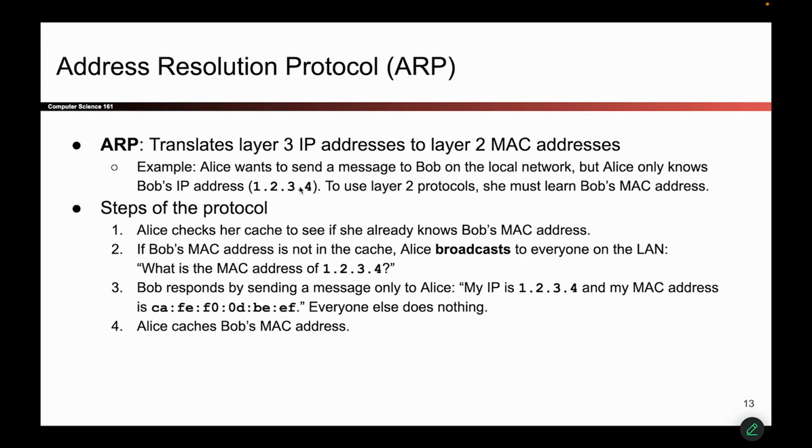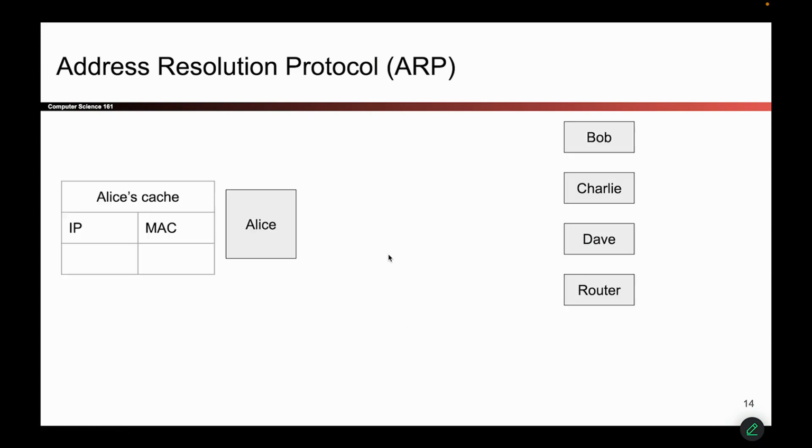So even though she knows Bob's layer 3 address, she doesn't necessarily know Bob's layer 2 address. So we're going to make a protocol that allows users to translate layer 3 IP addresses to their corresponding layer 2 MAC addresses. And that protocol is called ARP. And it works like this. Here it is in text. Let me show it to you in pictures.